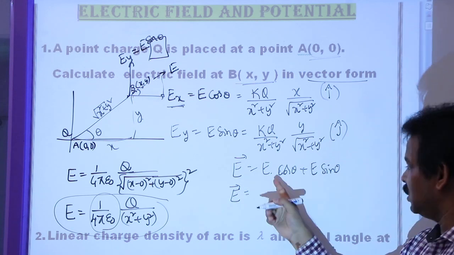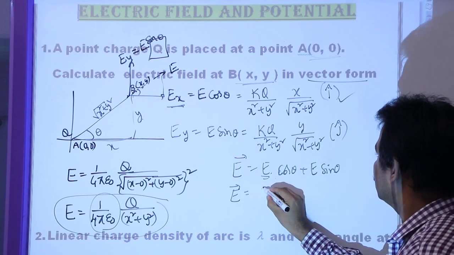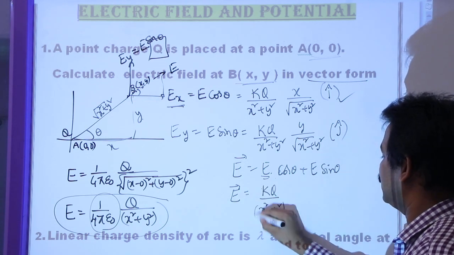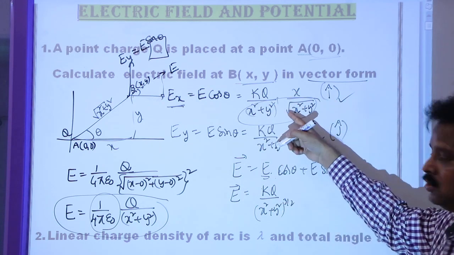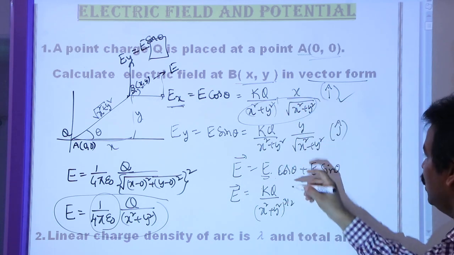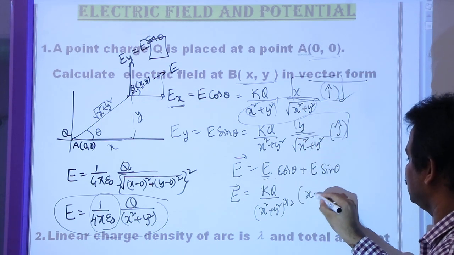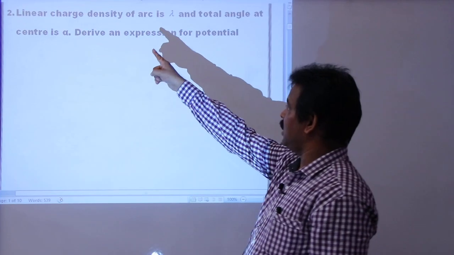So E bar is given by, you can take E common here, where this E cos theta is this one. So you can write k q by x square plus y square whole power 3 by 2. So this is whole power 1, this is whole power 1 by 2, we will get 3 by 2. And what are the remaining terms here? x i cap, y j cap. So the answer is x i cap plus y j cap.